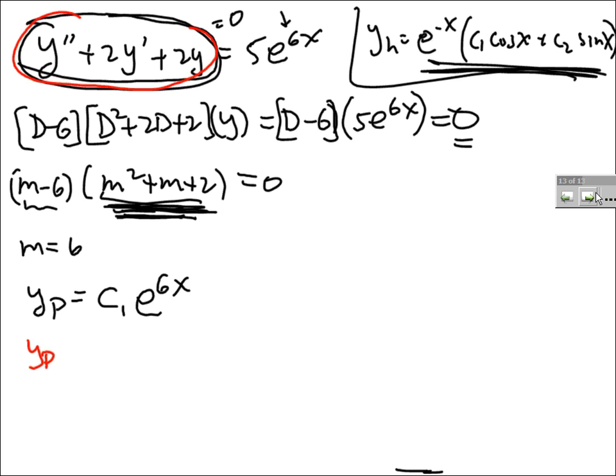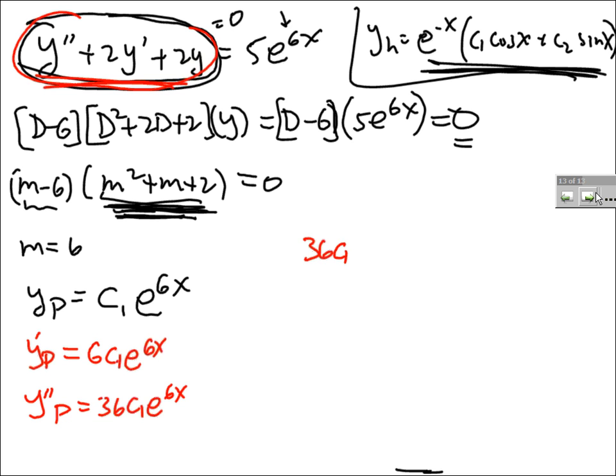The first derivative will be 6c1 e to the 6x, and the second derivative will be 36c1 e to the 6x. And we want, copying this, y double prime plus 2y prime, which will be 12c1 e to the 6x, plus 2y, which will be 2c1 e to the 6x.